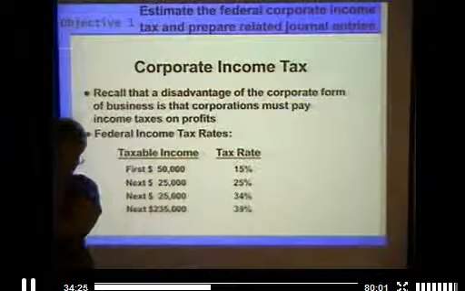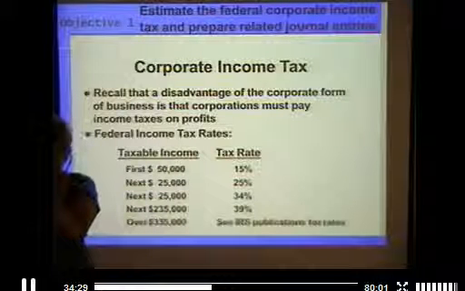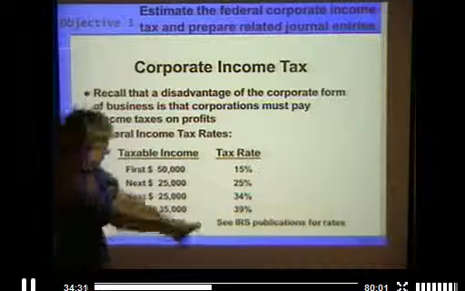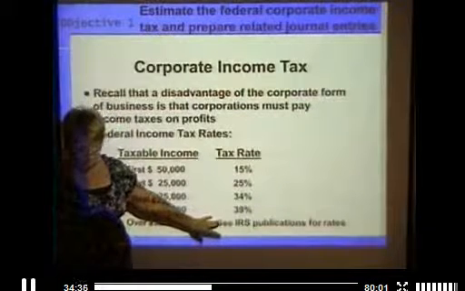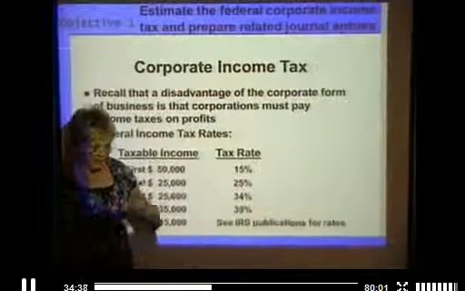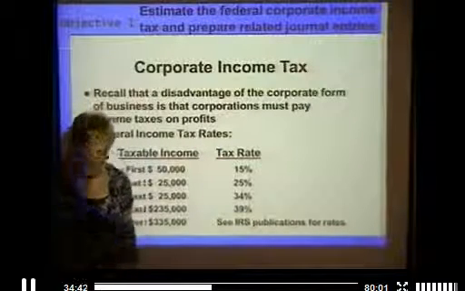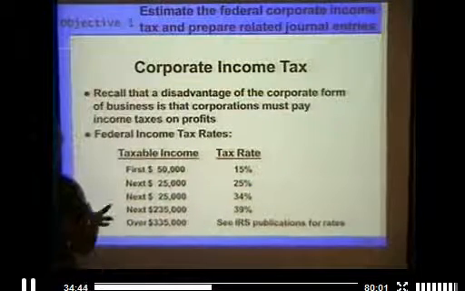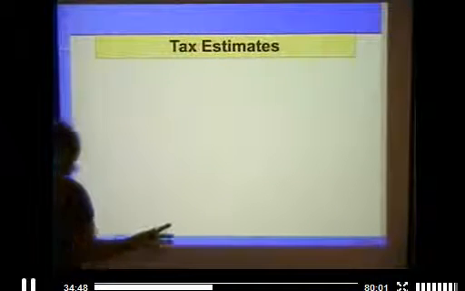So the more money they make, the more taxes they have to pay. And if it makes over $335,000 as of the printing of this book, they've got to go to the IRS and get publications for the rate. Sort of like your individual, right? When you get to a certain level, you've got to figure it somewhere else, not covered in the charts.